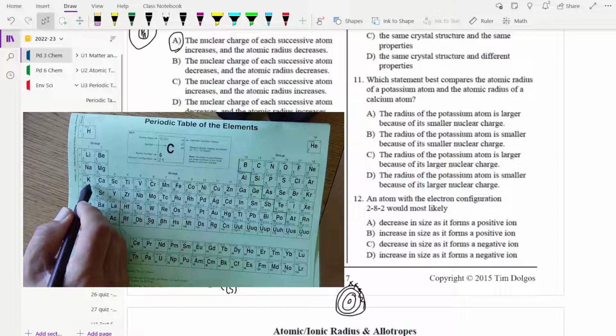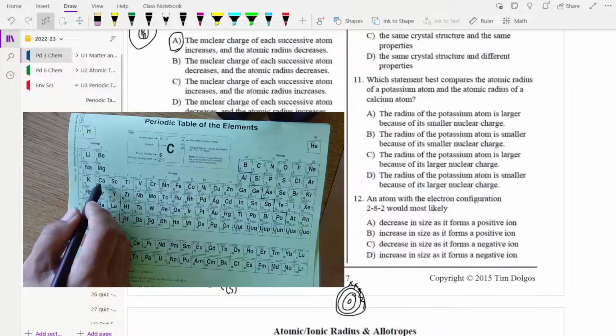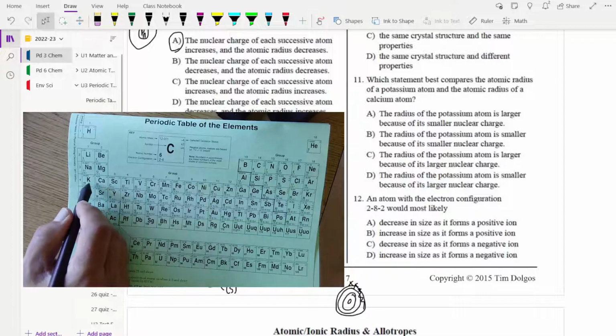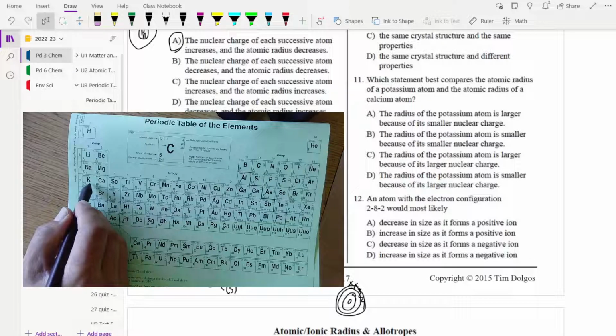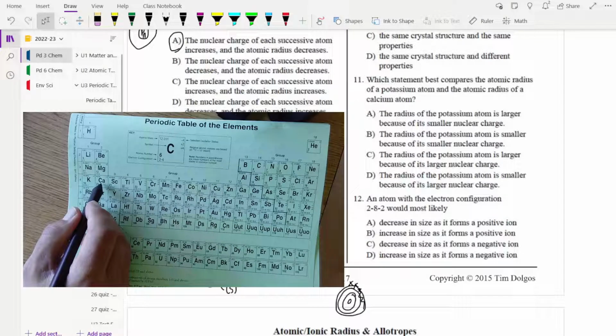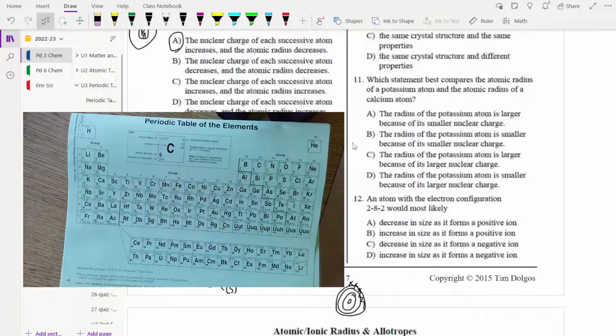Well, first of all, we know that calcium has one more proton than potassium, so we can see that the radius of the potassium ion would be larger, because the calcium ion will have one more proton pulling it in, so it has a higher charge.